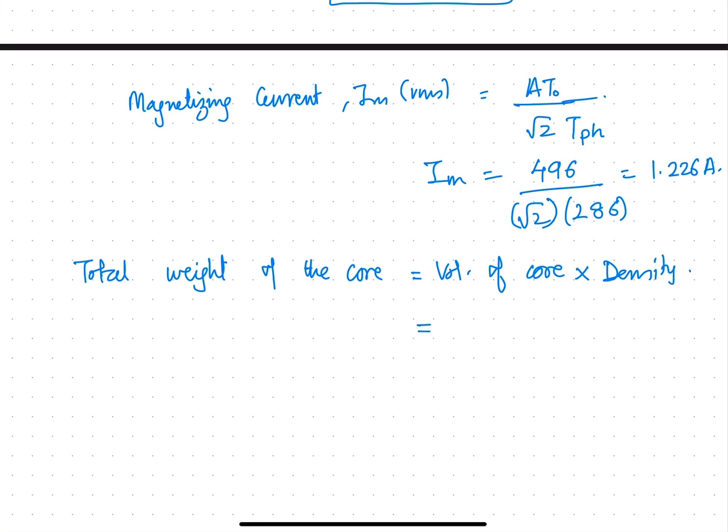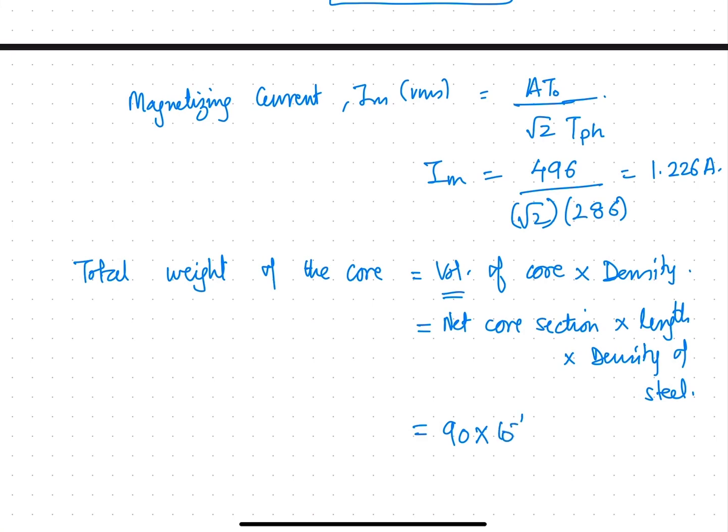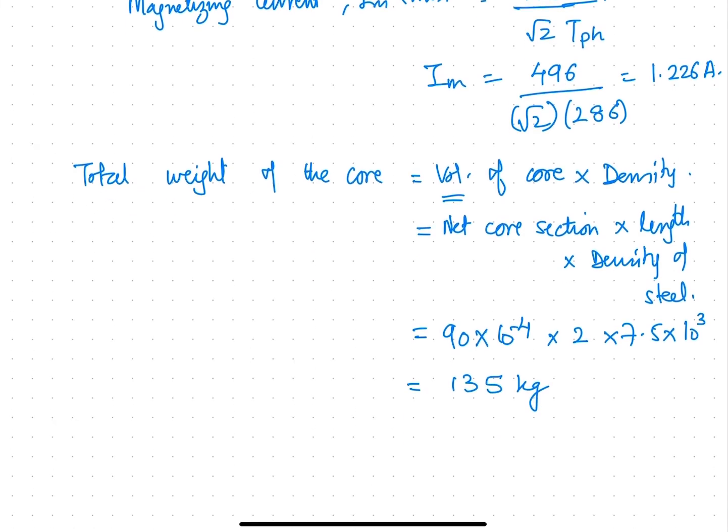The volume of the core you get by net core section into length into density of steel. So this is 90 into 10 to the power minus 4 into 2 into 7.5 into 10 to the power 3. So this comes out to be 135 kg, the total weight of the core.